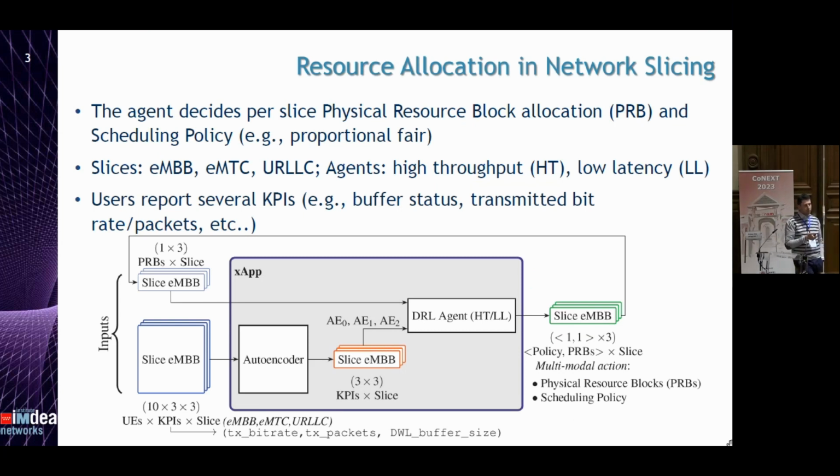And next, it tries to take actions that provide a reward, and the reward is defined with a very simple function in the form aX plus bY minus cZ, where for the eMBB slice it tries to maximize throughput, for the MTC slice it tries to maximize the number of packets being transmitted, and for the URLLC slice it tries to minimize the buffer occupancy as a proxy for latency. I want you to keep this in mind because at a later stage it will become very, very useful.